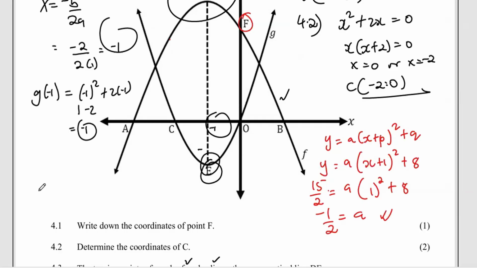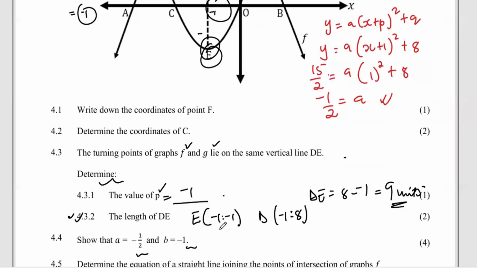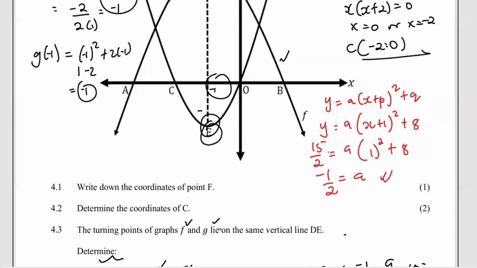If that is true, we need to show that b is 1. So I'm going to substitute this into the original: negative 1/2 times (x² + 2x + 1) plus 8.